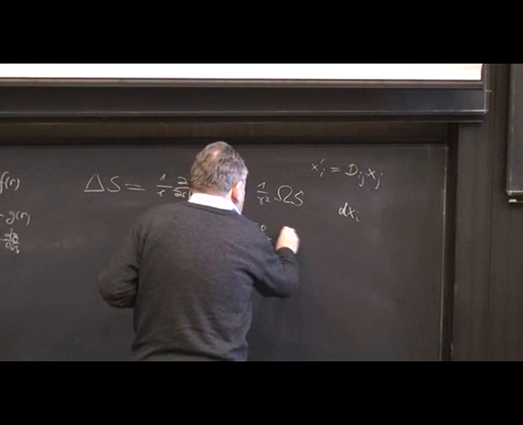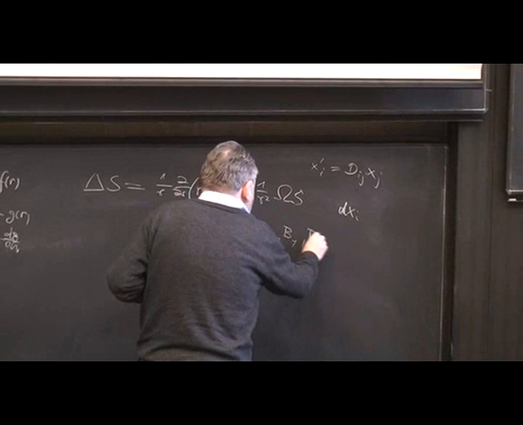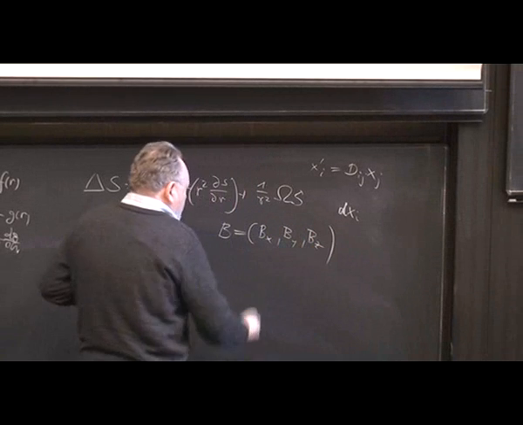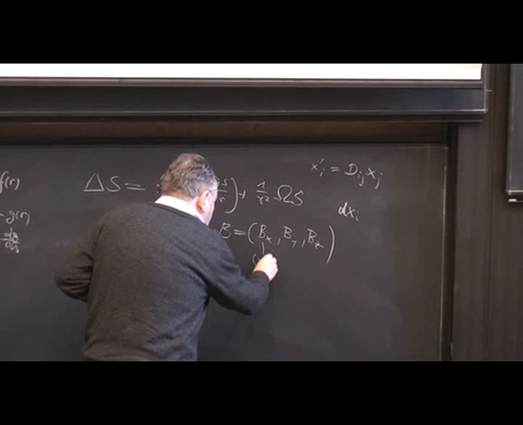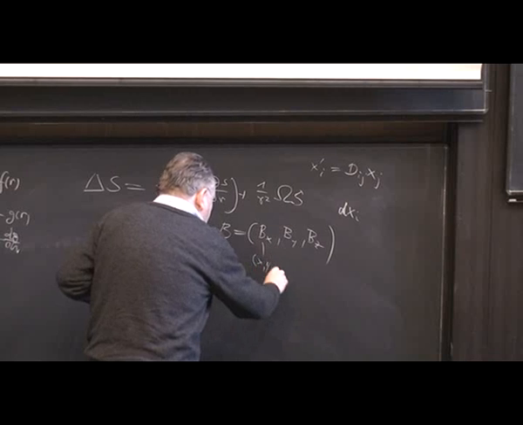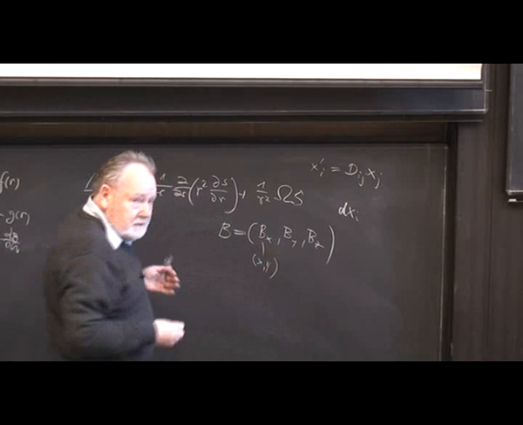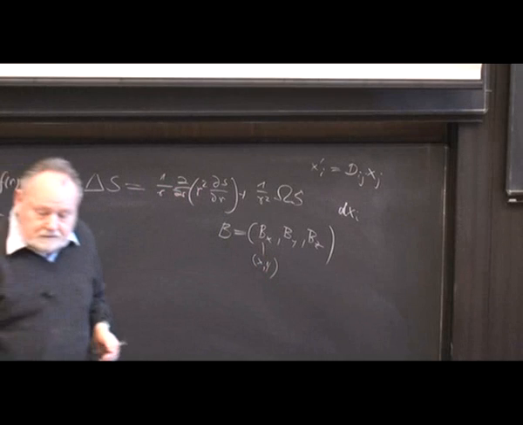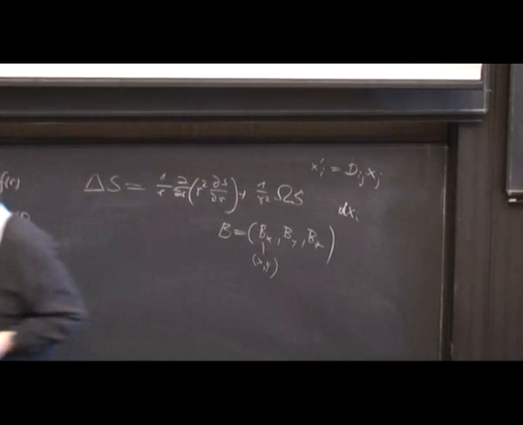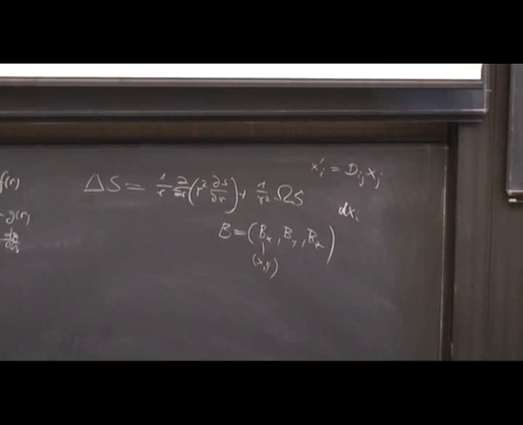It means you cannot have a field in which Bx, By, Bz depend only on, for example, x and y. You must have an additional z dependence if you want to have a dynamo. Okay. These were conditions for the magnetic fields.